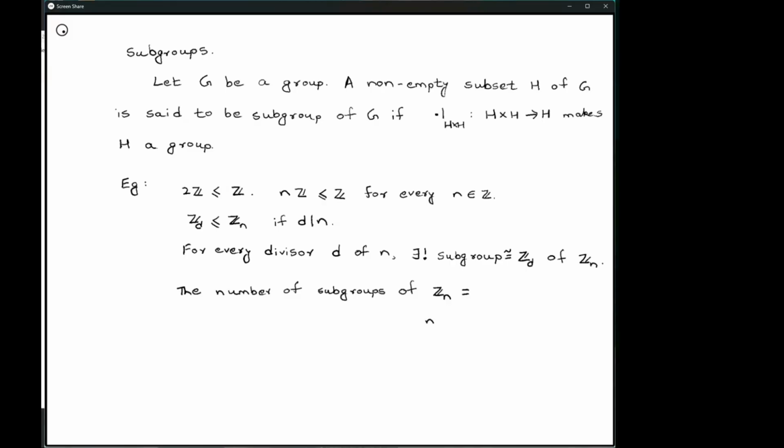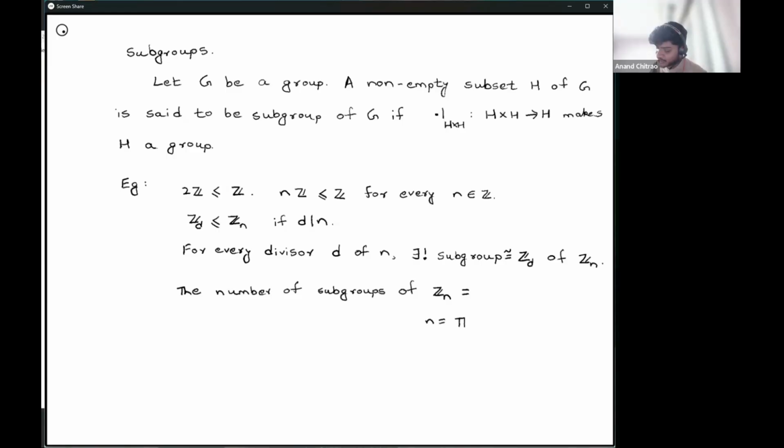Yes, so you start with n equals the product over primes p dividing n of p to the power alpha p. So this is the factorization of n. Now what? How do you find the number of subgroups using this factorization?